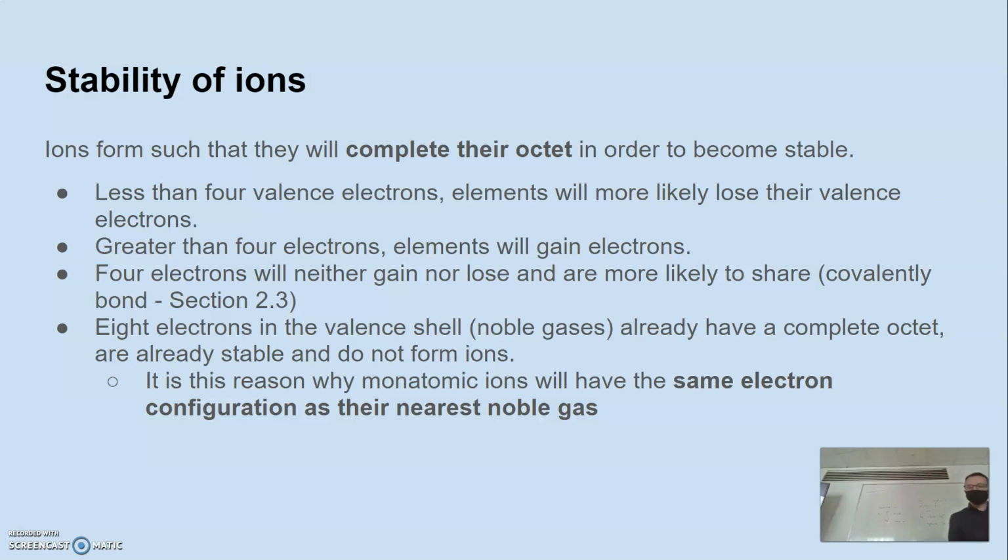And so our monatomic ions actually have the same electron configuration as their nearest noble gas. So the sodium atom will have the configuration 2,8,1. Sodium ion has a configuration 2,8 that happens to be the same as neon.